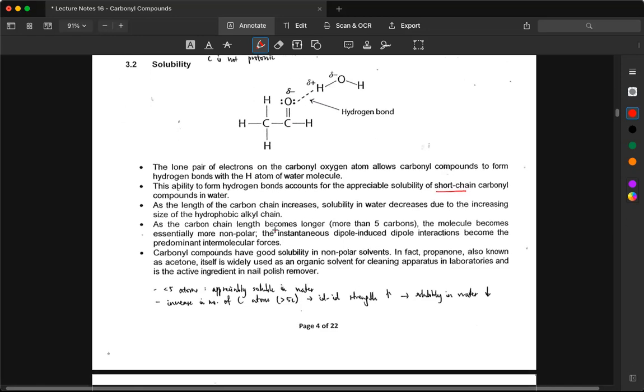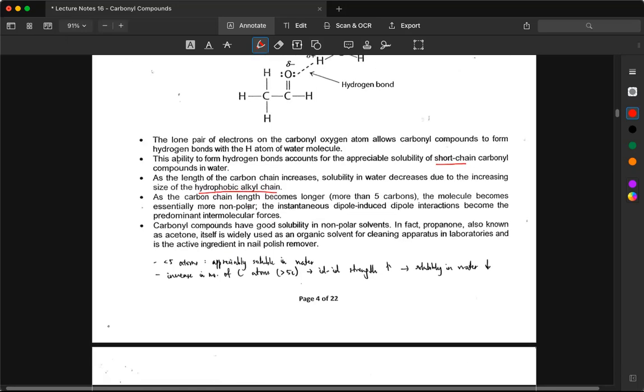Okay, this is because when the length of the carbon chain increases, the solubility in water decreases due to increasing size of the hydrophobic alkyl group. Okay, emphasize on this. So if your carbon chain length becomes longer and longer, the molecules become more non-polar. Okay, the ID-ID interaction becomes the predominant intermolecular force.